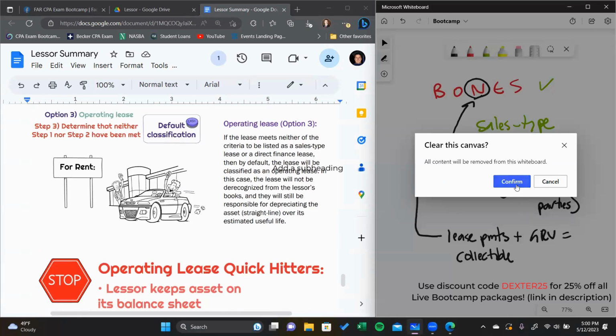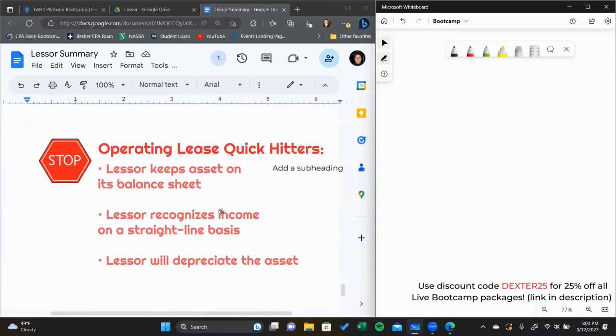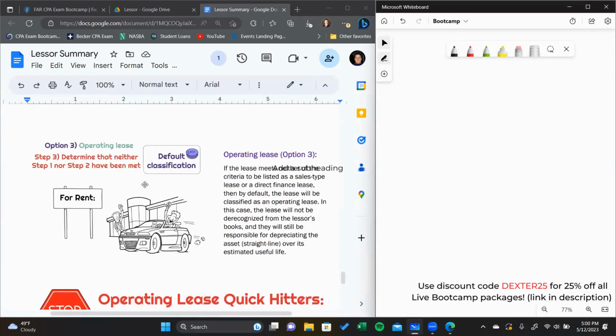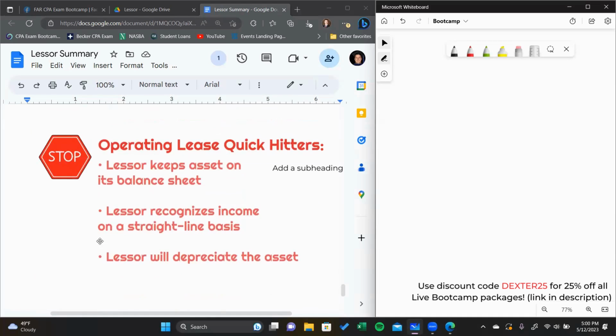Now, operating leases are really, really easy. You'll have an operating lease when none of the bones criteria have been met and a direct finance lease has not been met, right? So none of the bones criteria have been met. You take a closer look at the NPV calculation for purposes of direct financing. It still fails. You then classify it as an operating lease. And with an operating lease, you recognize income on a straight line basis, right?